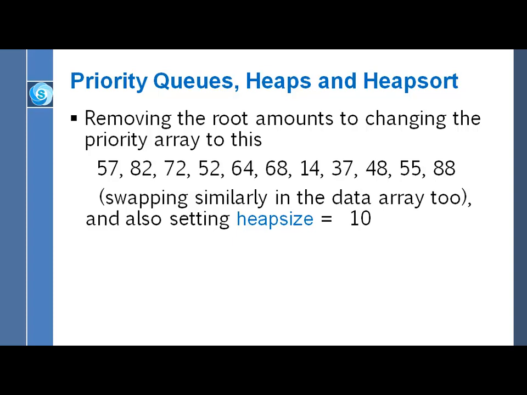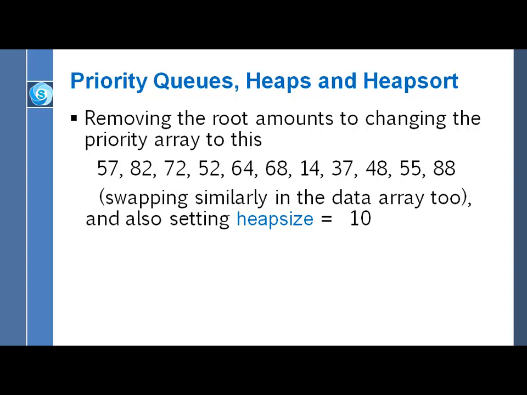We've swapped the last thing in the heap to become the first thing in the heap, and its priority is 57, which is small. Again, it seems strange that we should want to do this, whereas what we're trying to remove from the heap has priority 88, and we now see that priority at the end of the list of numbers.